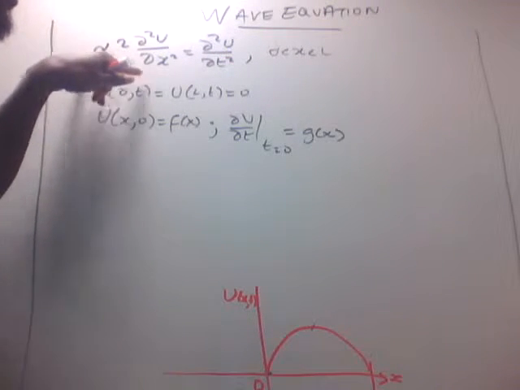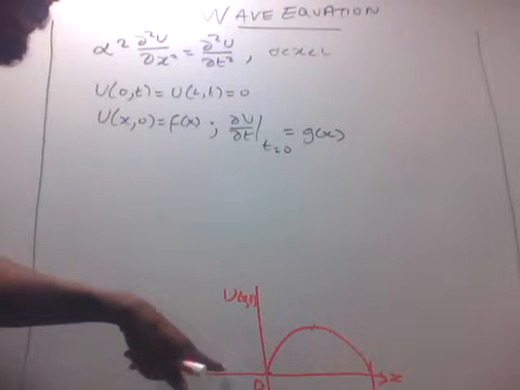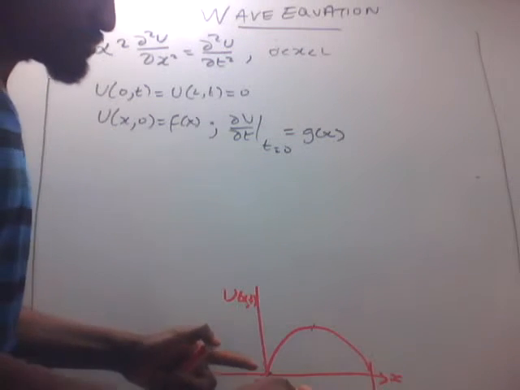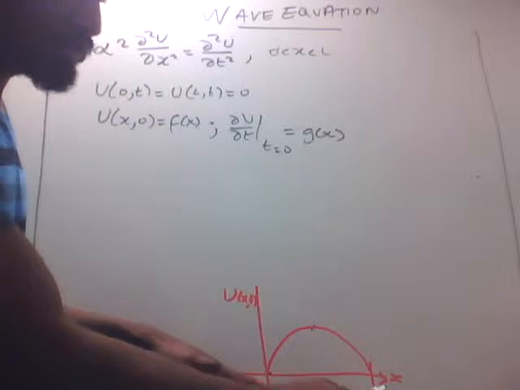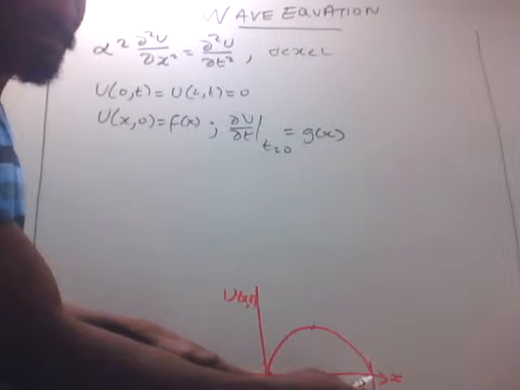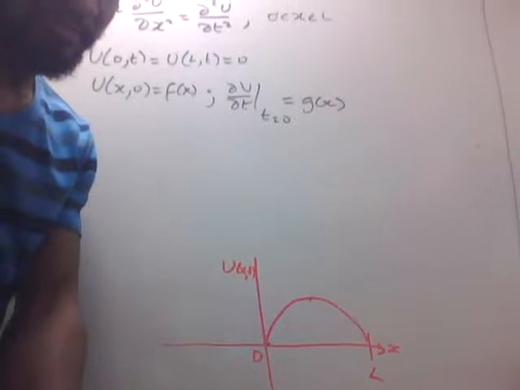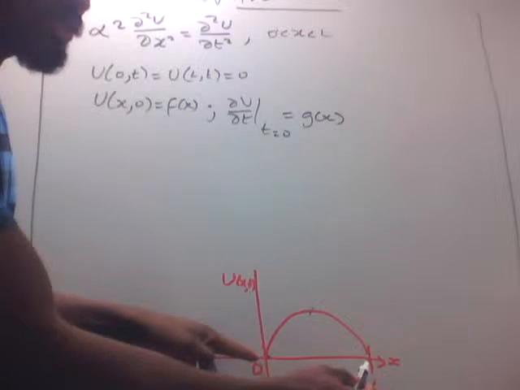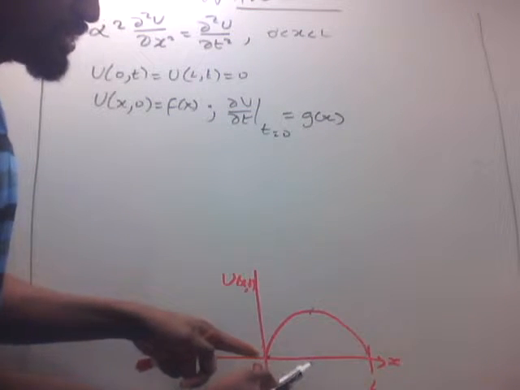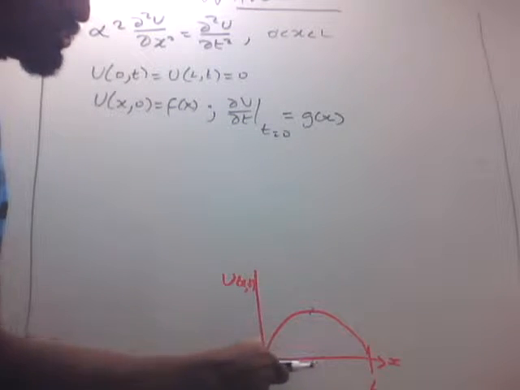This problem here, along with the boundary conditions, describes a string. You're given a string stretched from point 0 to point L, and given some initial position of the string.